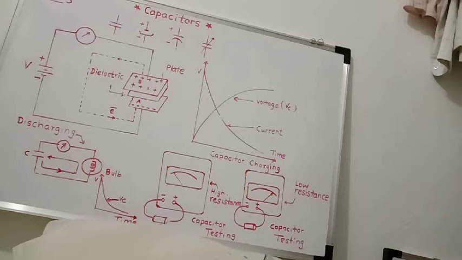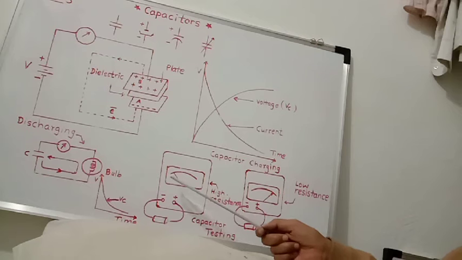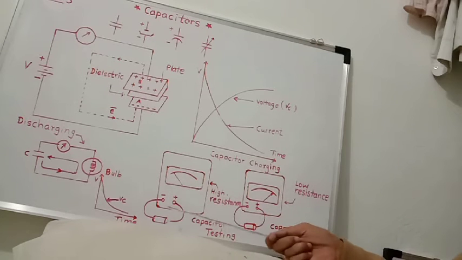Then the pointer moves in the backward direction, and finally the capacitor offers very high resistance.